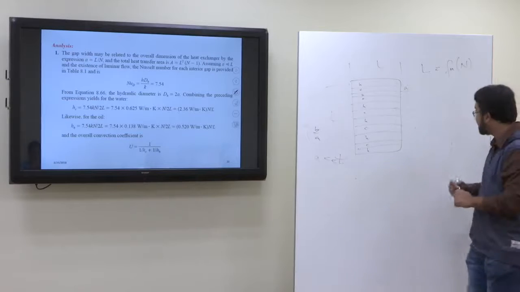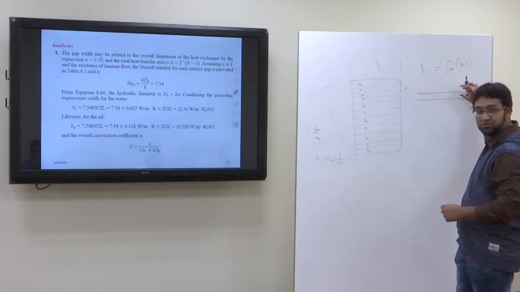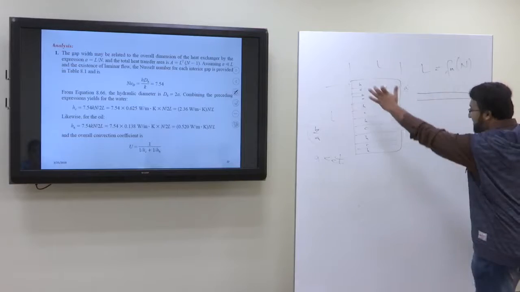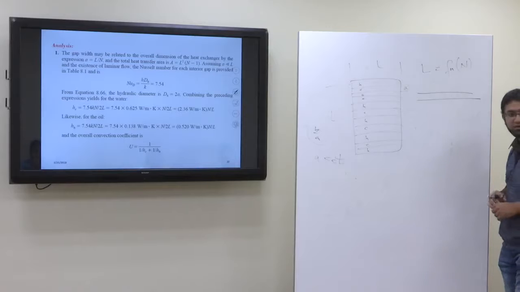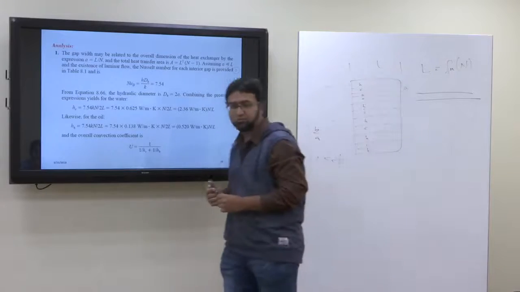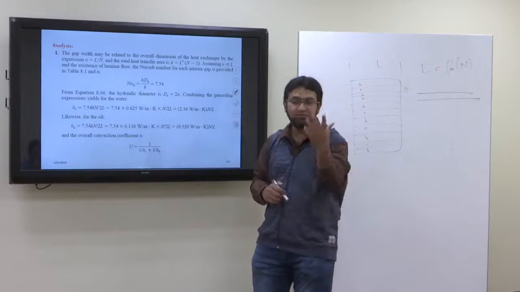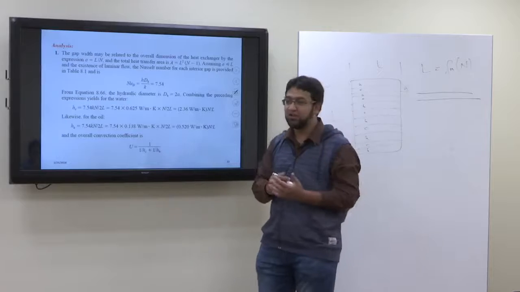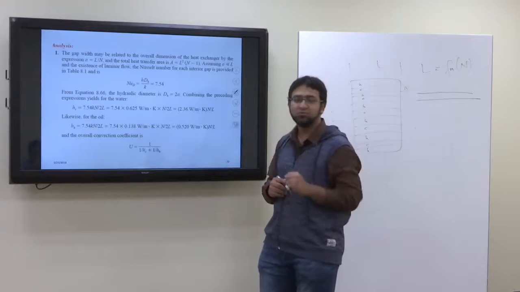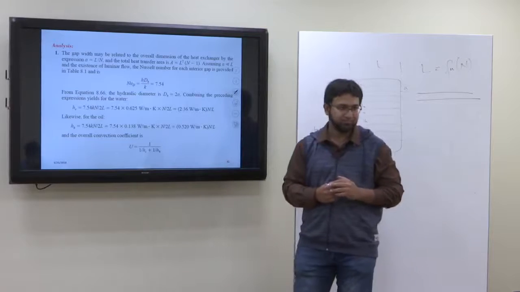So if A is very small compared to L, it's like a case of flow between two parallel plates, but length not defined. That kind of case is there in the tables, table 8.1. And for that case, again we have to assume, since we don't know whether it's laminar or turbulent flow, that the table is only for laminar flow, and we are assuming that it is laminar flow right now.